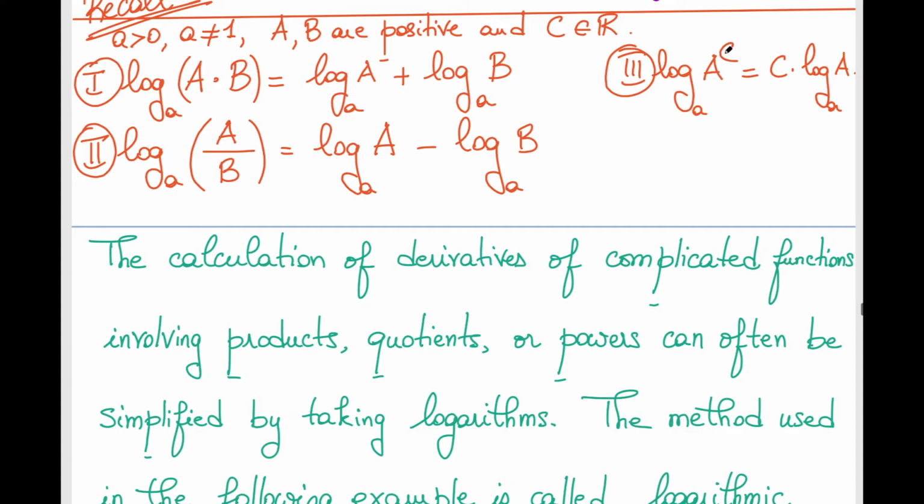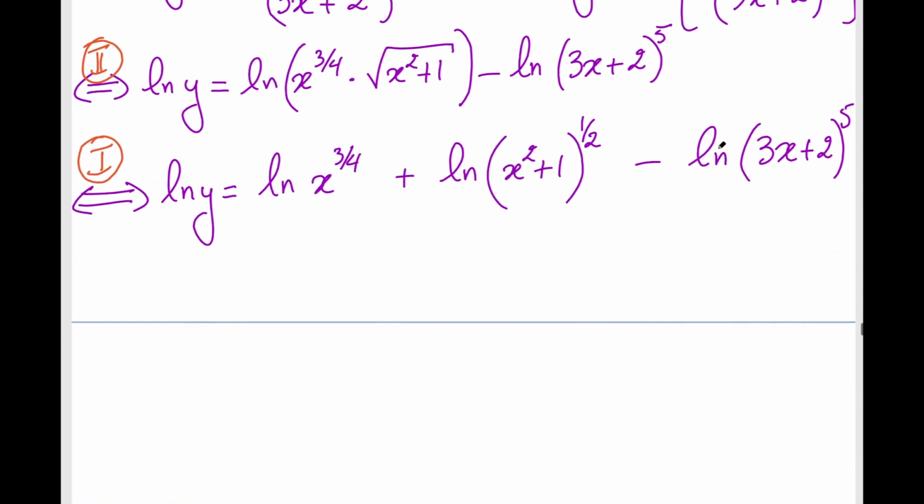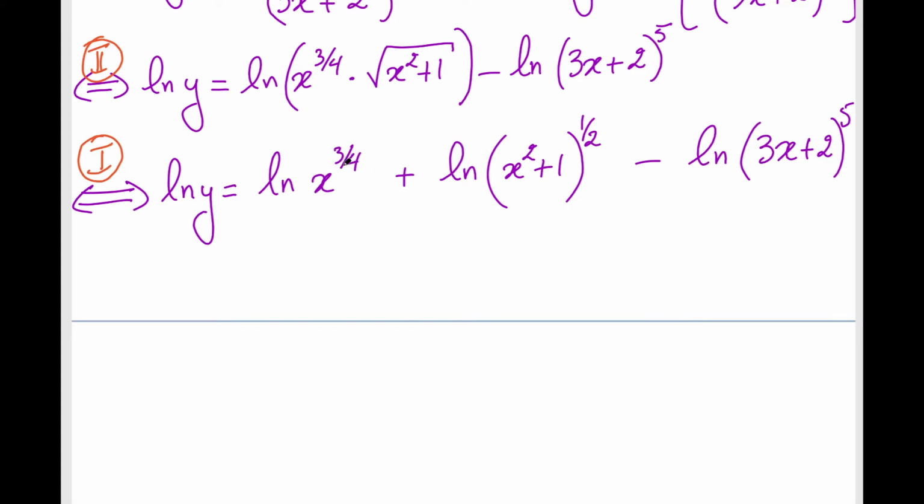That allows me to push that exponent down to the coefficient level. It becomes a multiplicative constant. So each power here, the 3 over 4, I'm going to push it down, the 1/2 down, the 5 down, right?